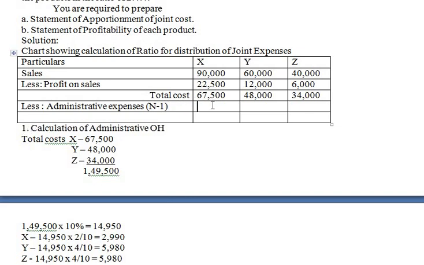Here you can write it as 1. It is 2,990 and then 5,980. Again here it is 5,980. Hope everybody has understood this.